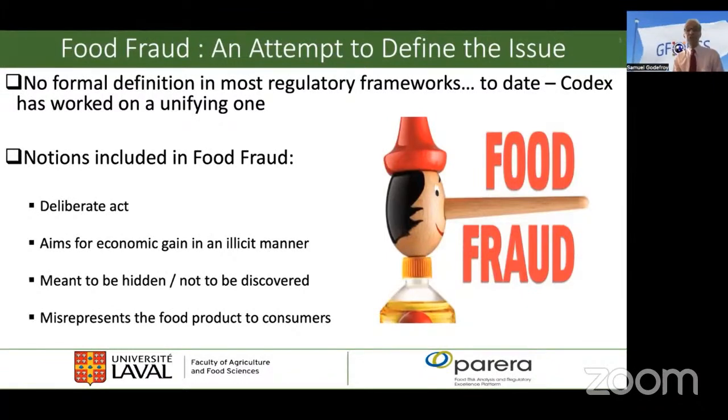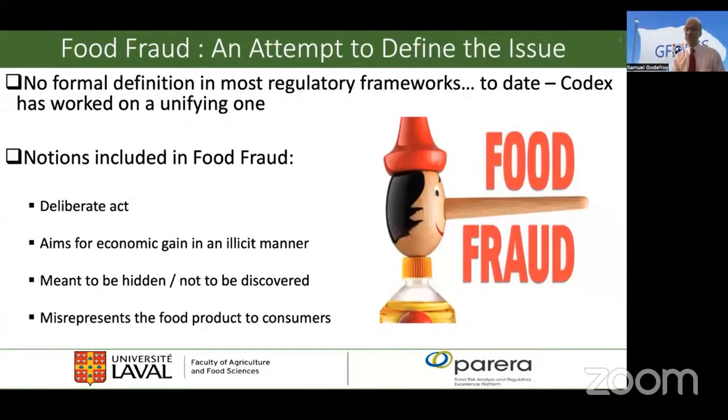First of all, food fraud is a deliberate act. So essentially, this is something that some producers who intend to do so deliberately do. It is not, for example, the result of environmental contamination or of something that is happening in an adventitious manner.